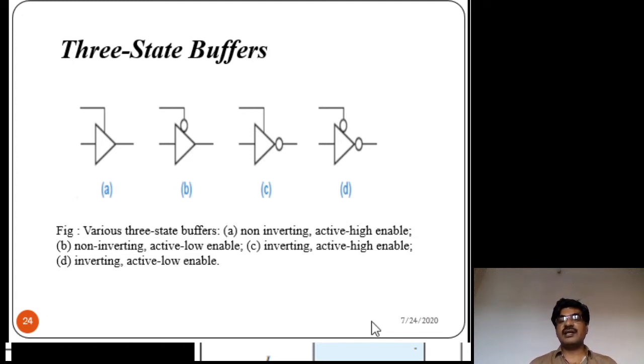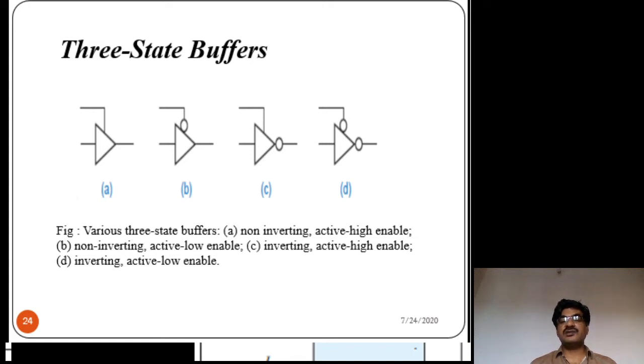So here the slide represents four different types of tri-state buffers. The first one is called non-inverting active high enable. The tri-state buffer has, in addition to input and output lines, an enable input also.